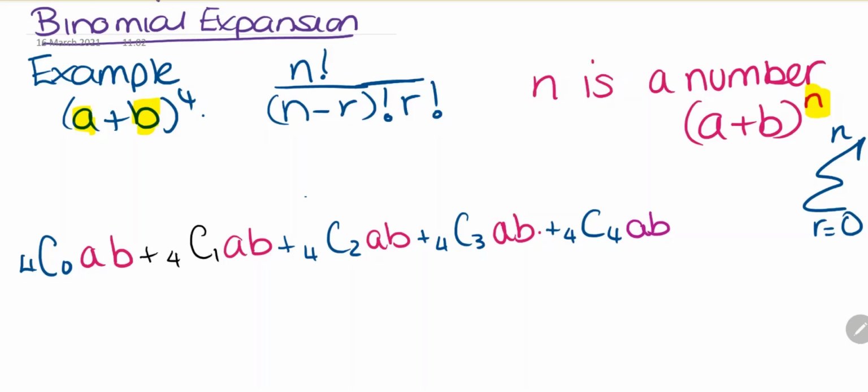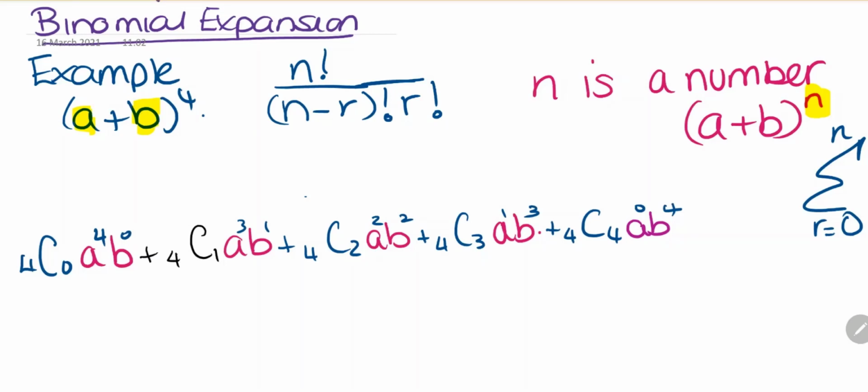Okay, so this is what we have so far. And now we need to put our powers in, like we did when we were doing Pascal's triangle. So we start off with 4, 3, 2, 1, and 0, and then we work the other way, 4, 3, 2, 1, and 0.